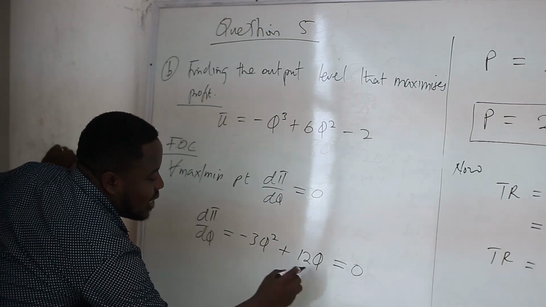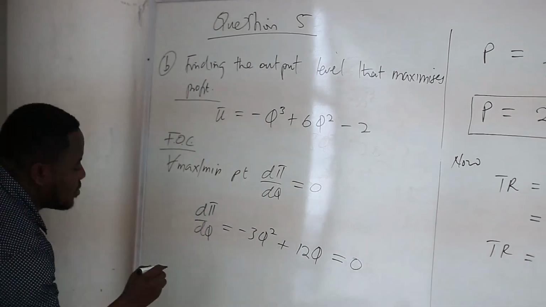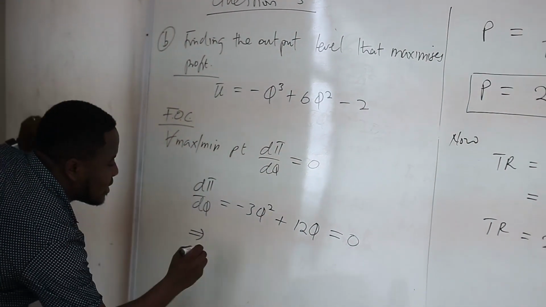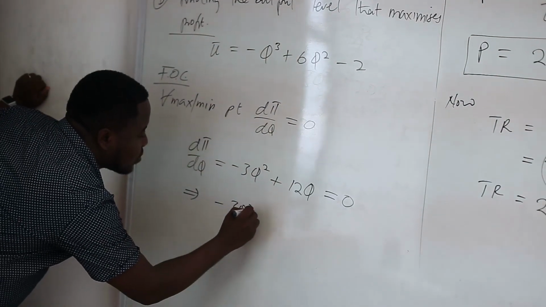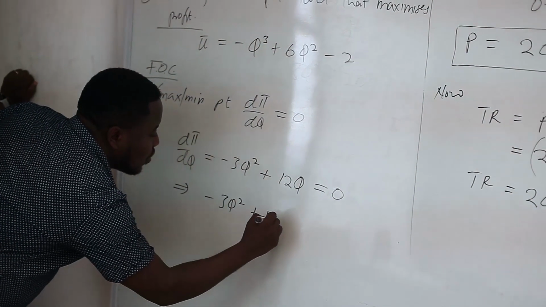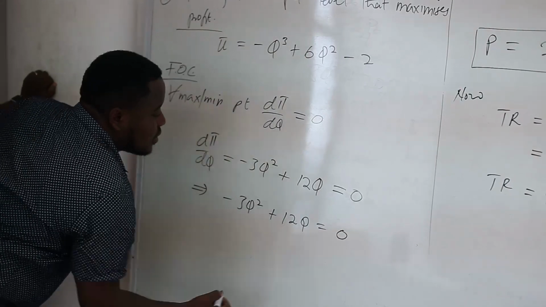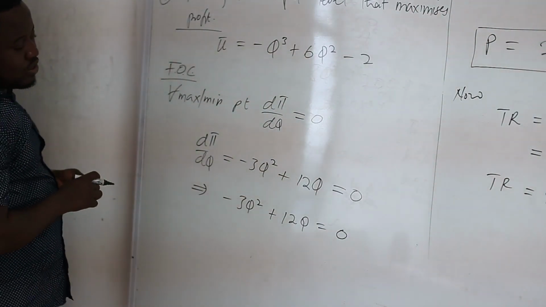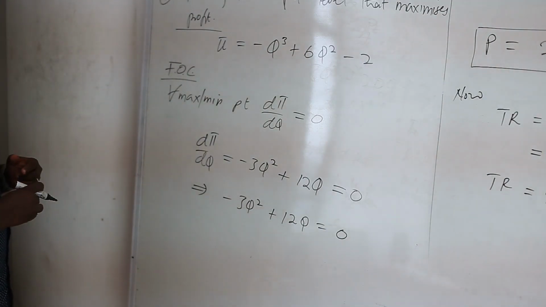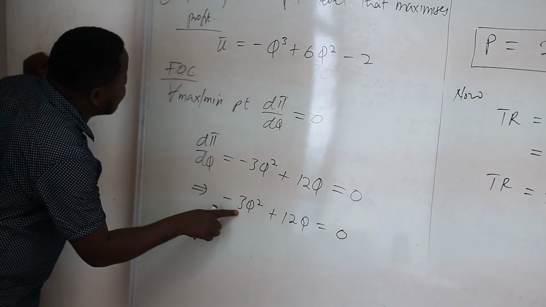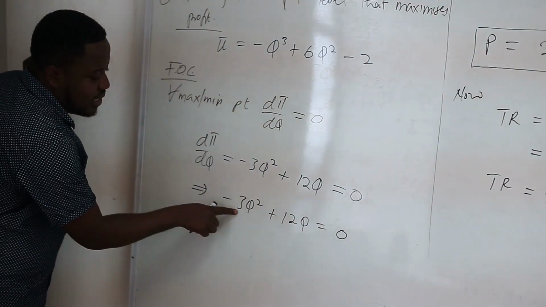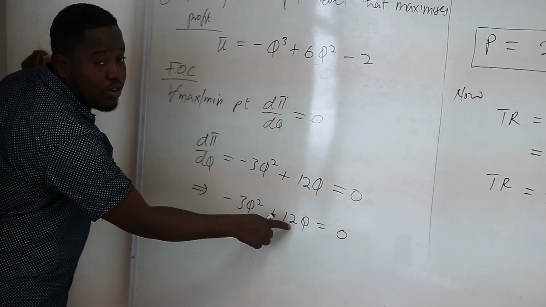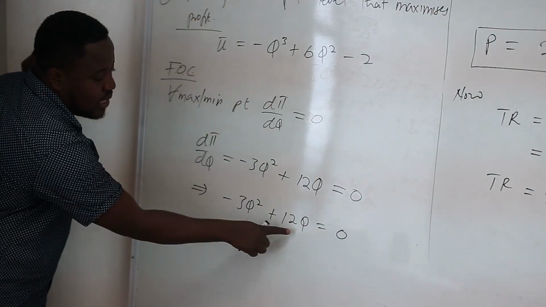So this has become a quadratic equation. So this implies that minus 3q squared plus 12q is equal to 0. We can try to multiply through by minus 1, or we can just factorize minus 3 out. So 3 is common here, 3 goes into 12. Then q is common here, q is common here.